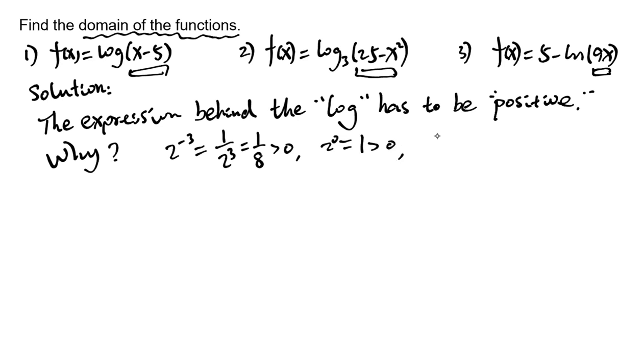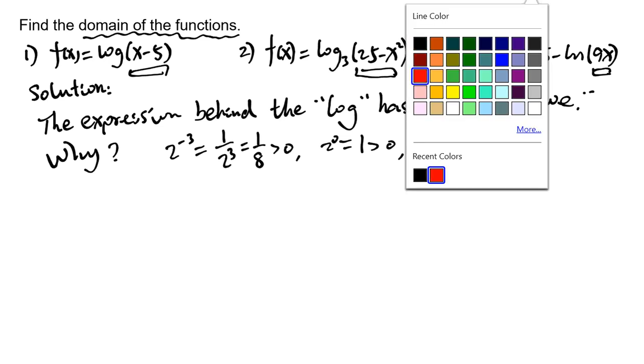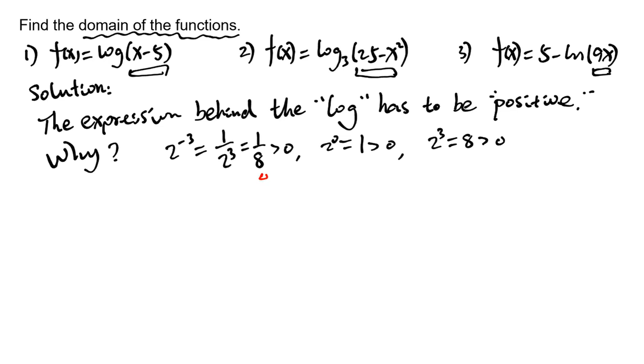And then we have 2 cubed, which is 8. Of course, they're all greater than 0. You can see here, they're all positive.